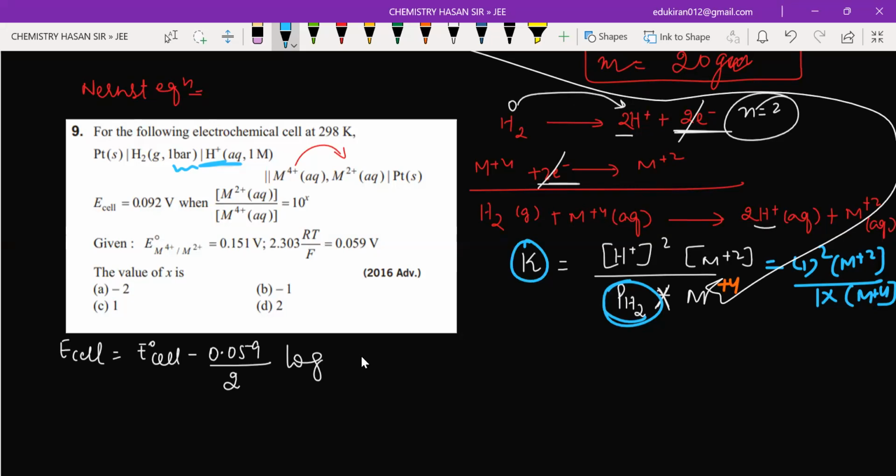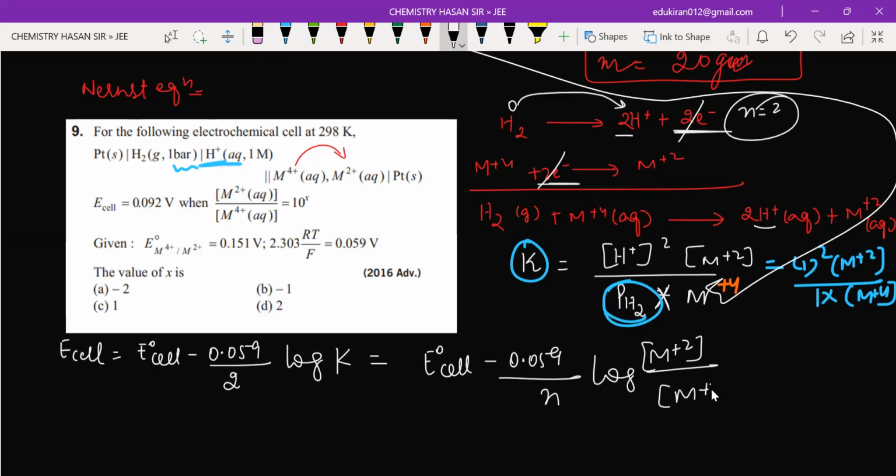K will be equal to M plus 2 upon M plus 4. First of all, I'm going to write log K here, and accordingly, I'm going to write E naught cell minus 0.059 upon N log of M plus 2 upon M plus 4.